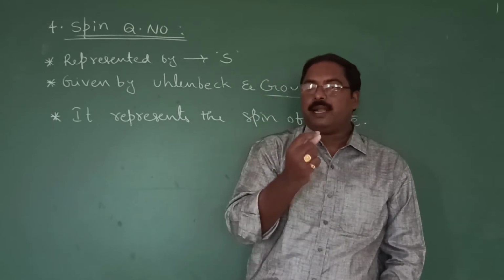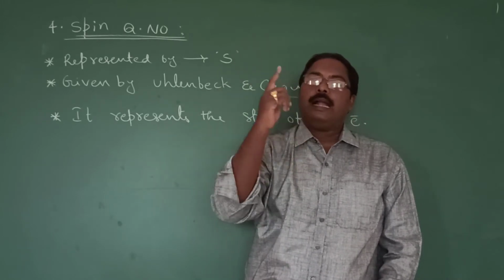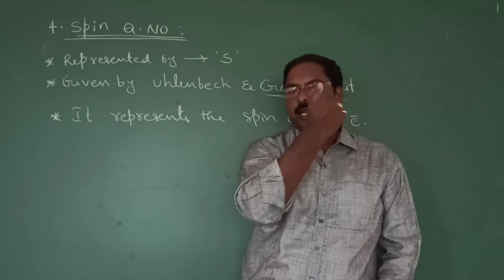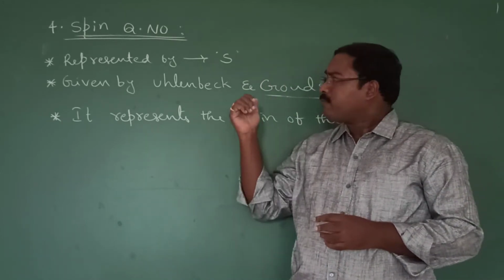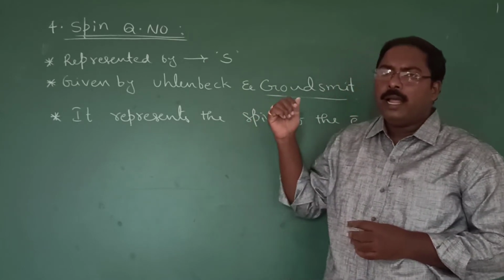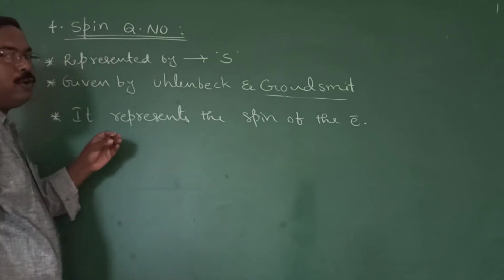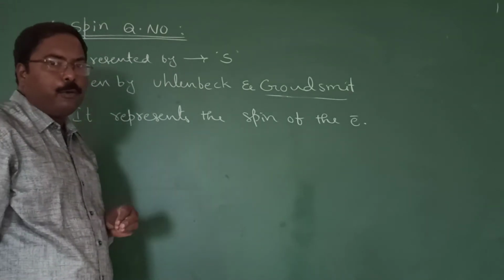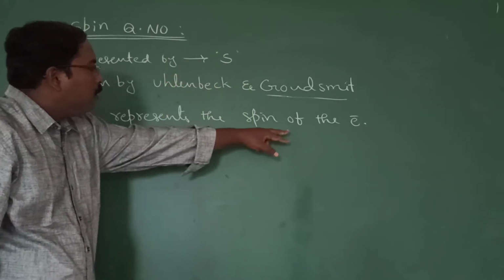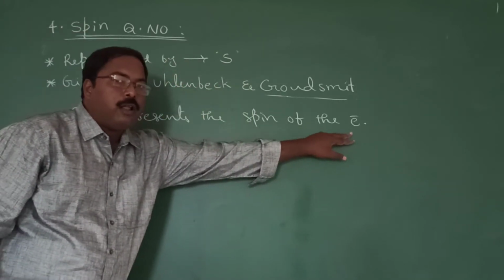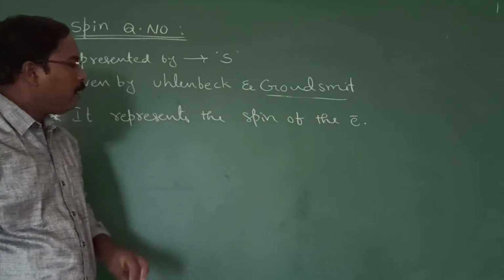Because of revolving around itself, it gets some magnetic moment that is known as spin magnetic moment. And the direction of rotation of the electron around itself is represented by the spin quantum number.